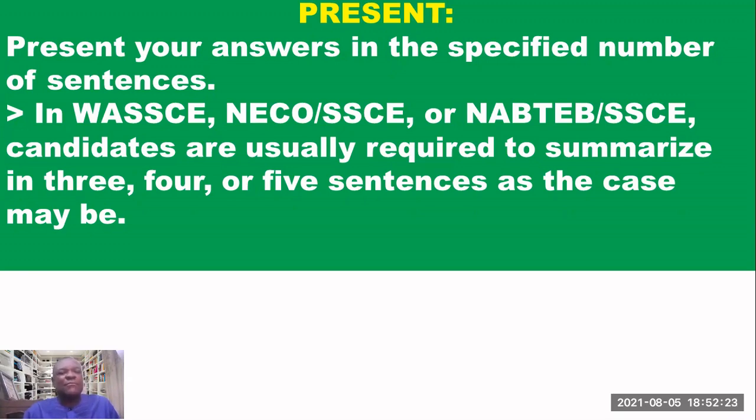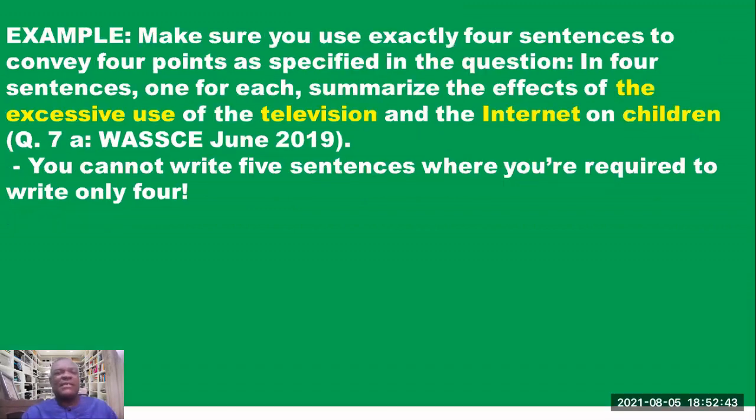In fact, most of the time, the summary questions require candidates to summarize in 3, 4, or 5 sentences as the case may be, just like the example we earlier saw and which we will revisit. So you ensure that you present your answers in the specified number of sentences. For example, you need to make sure you use exactly 4 sentences to convey your points as specified in the question.